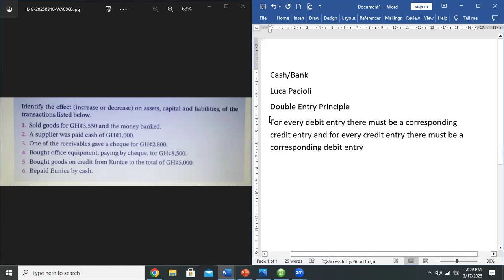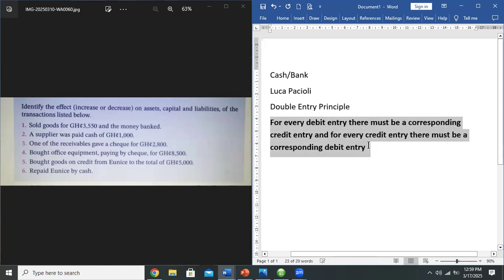So this is the principle. If you are ever asked to state the double entry principle, dear professors, this is the double entry principle.